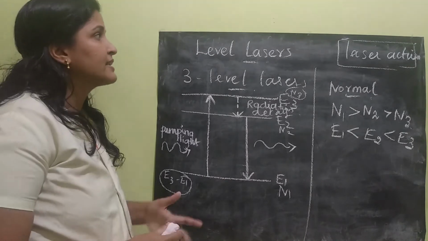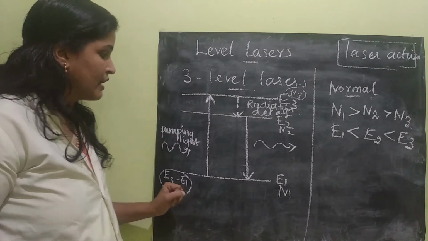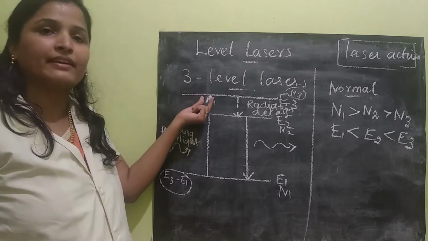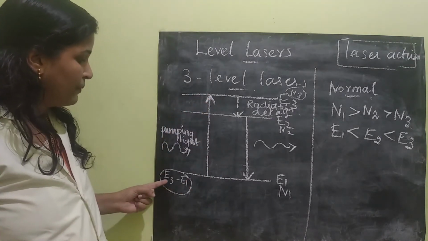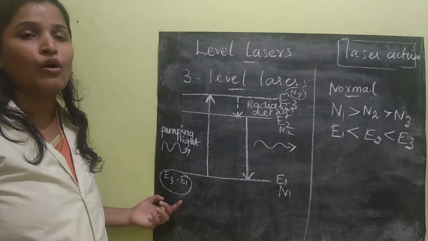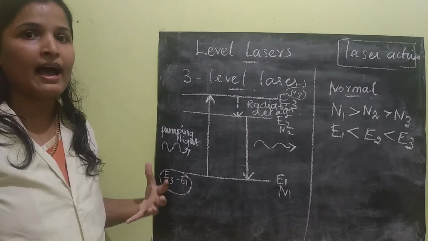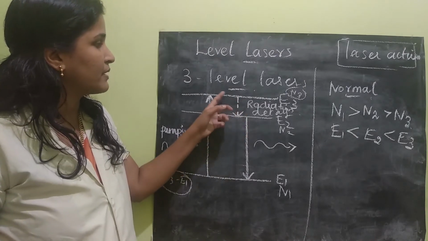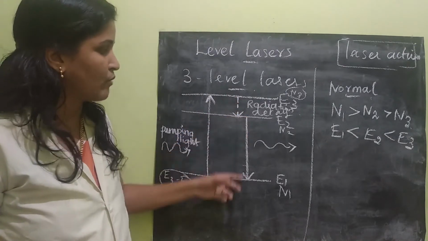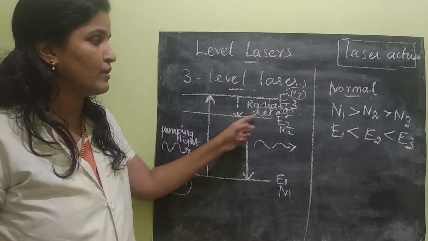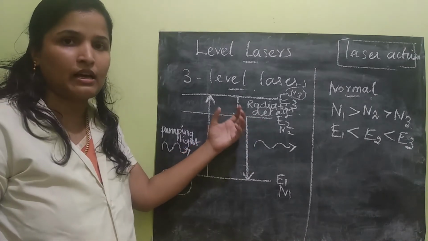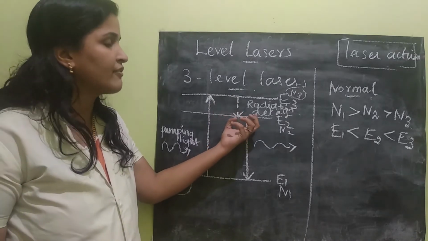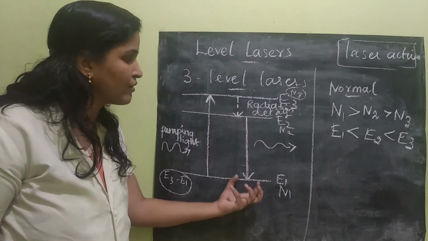But it has a drawback: in order to excite the atoms to E3, we need to pump that much energy, so more energy is required. Another drawback is that the lifetime of E2 is not so large, so after a short period of time it falls down again.